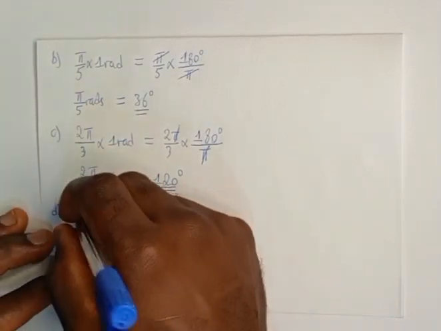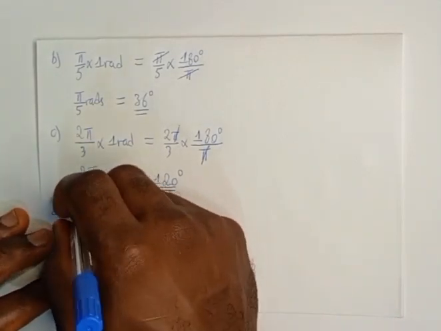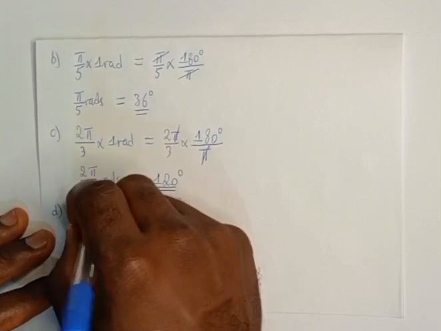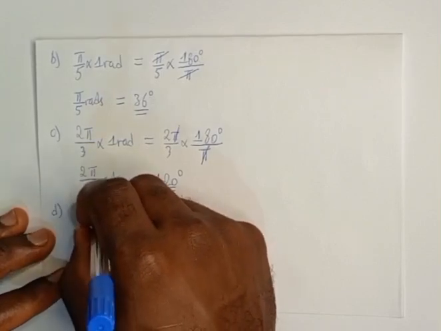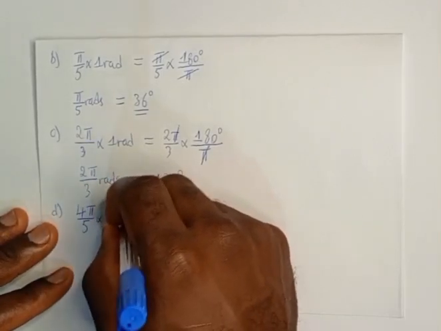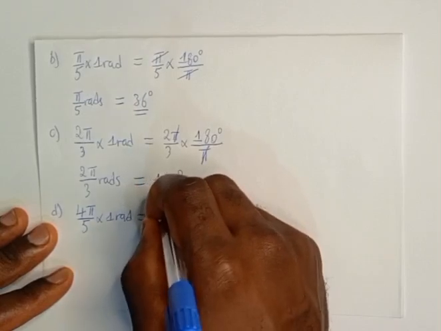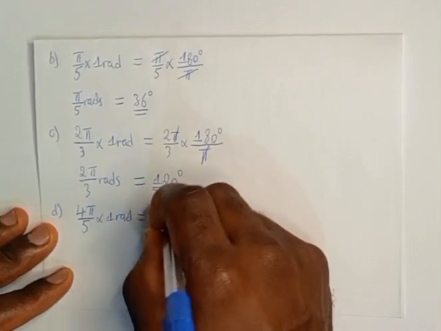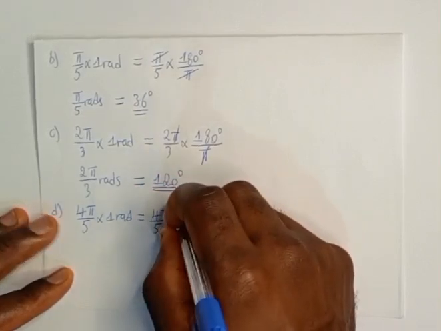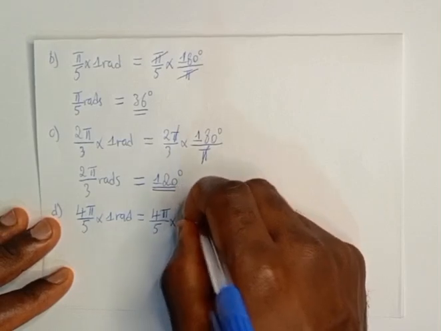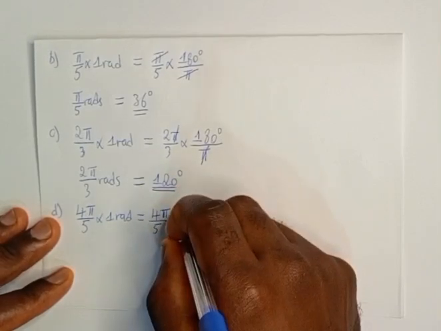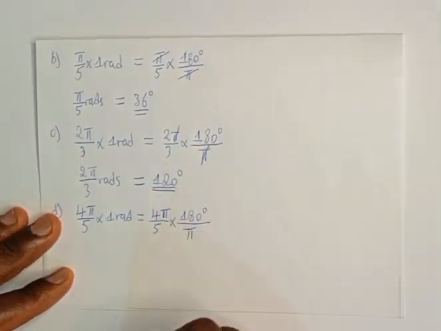For D, we have to multiply both sides by 4 pi on 5 times 1 rad is equal to 4 pi on 5 times 180 degrees on pi.